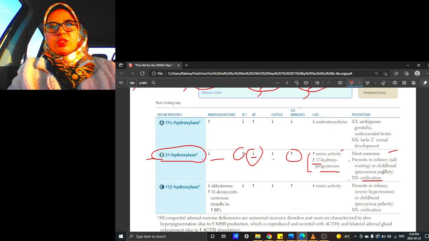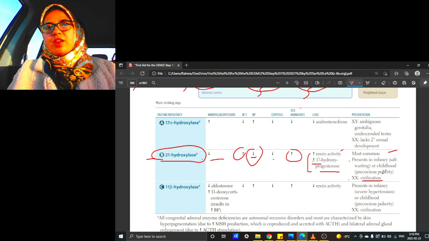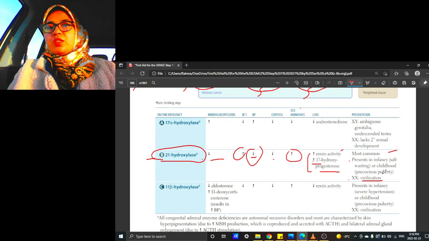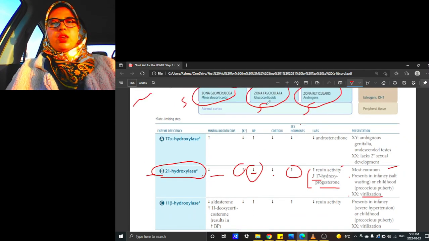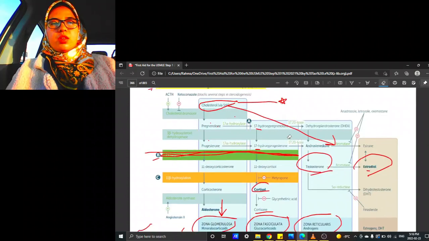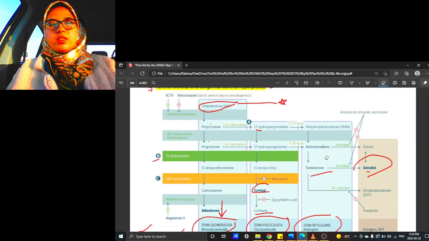Then you do your chromosomal analysis, and you see it's XX. It's female. It looks like she's having an enlarged clitoris, which you might mistake for a penis. Then you're going to say that you're going to test for the enzymes, and you're going to likely find 21-hydroxylase deficiency is the problem.